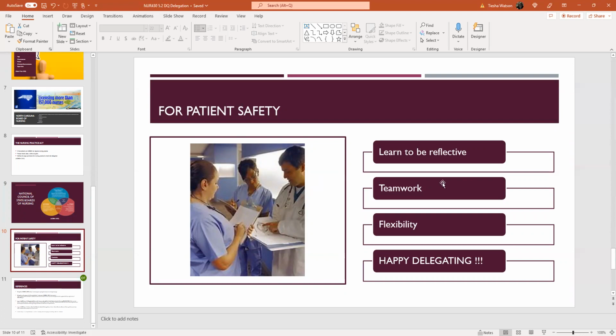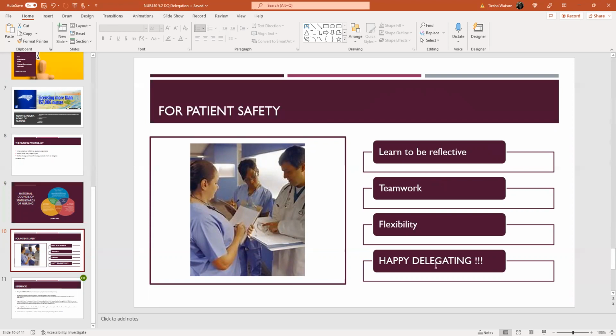Being reflective of the delegation process and always reevaluating how we delegate tasks to our teammates allows us to improve our delegation practice. So we have to always learn to be reflective and work together, and also be flexible with our teammates and be understanding, providing a positive environment when it comes to delegating tasks.